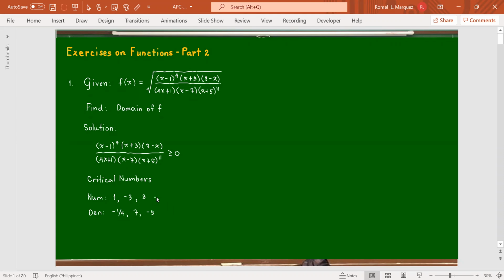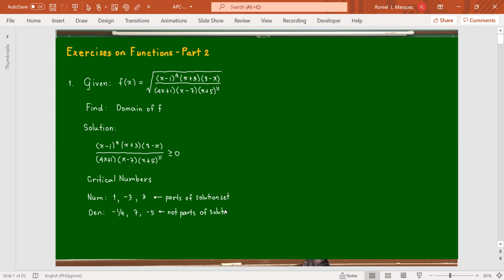The zeros of the numerator are part of the solution set, while the zeros of the denominator are not, because these numbers will make the denominator 0. Is that clear, guys?